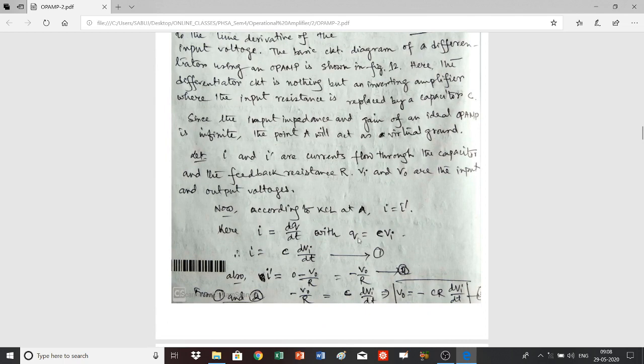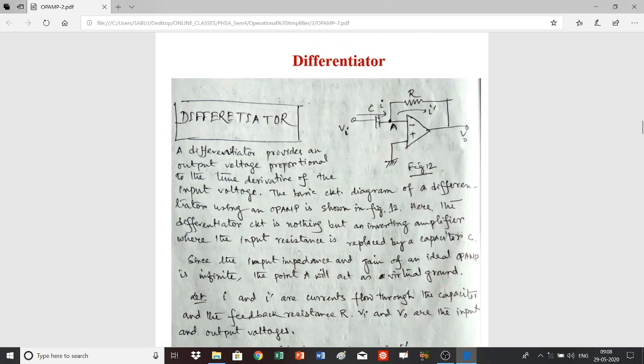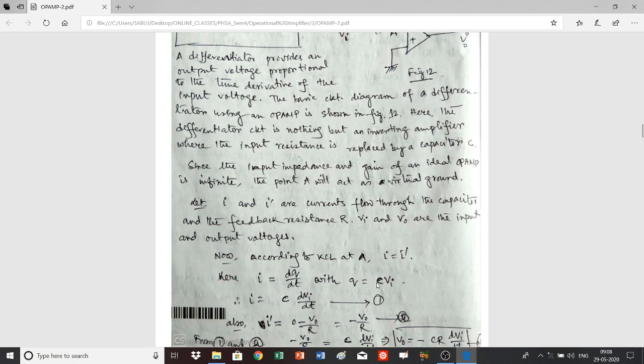Q can be calculated as Q is equal to the capacitance of this capacitor into the voltage difference between these two plates. Since the potential at this point is zero, and this is the input applied voltage Vi, Q can be written as C into Vi minus 0, that means C into Vi.